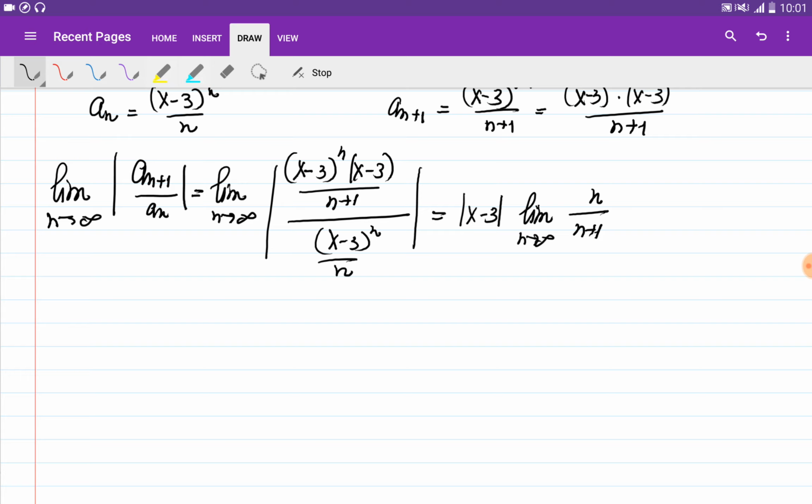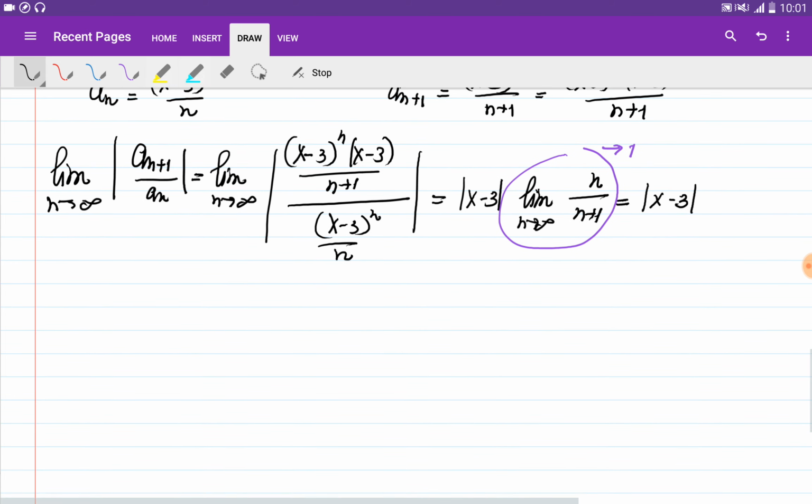When n goes to infinity, this limit is equal to 1, right? So it can be written as the modulus of x minus 3. So the ratio test tells me that whenever this limit exists and is less than 1, then the series is convergent, right?